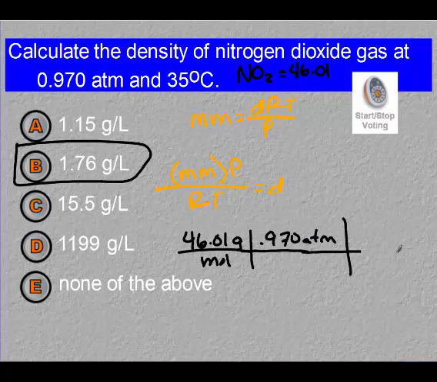R should be on the bottom. And temperature, 35 plus 273 is 308. Make sure all your units cancel. We have grams per liter, which is the units we wanted.